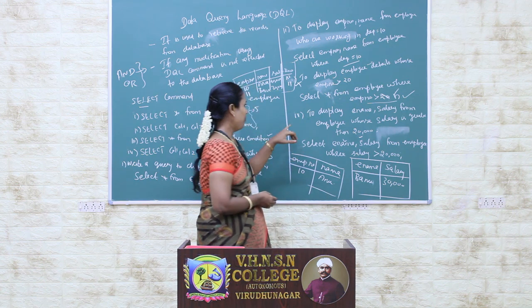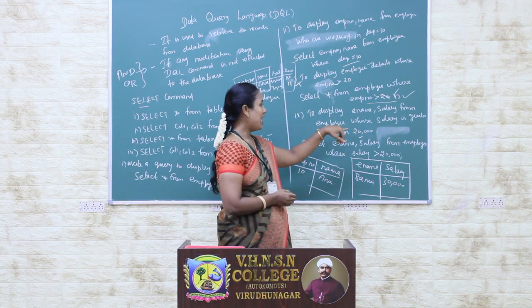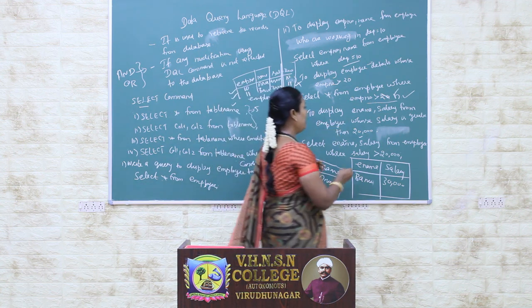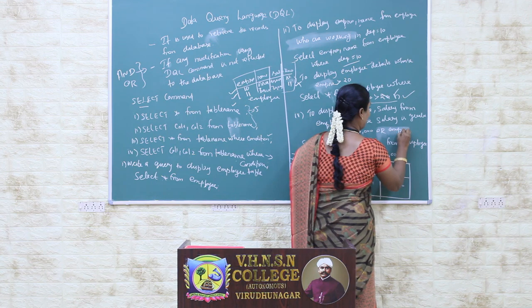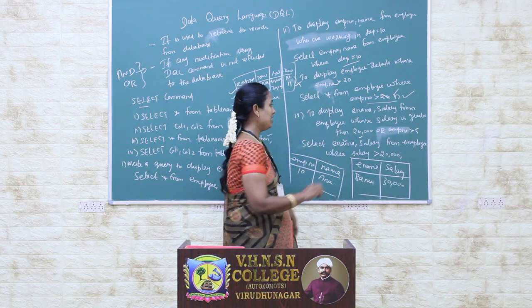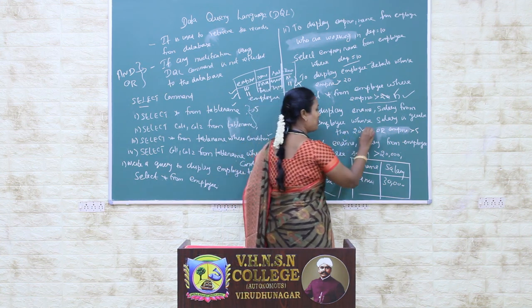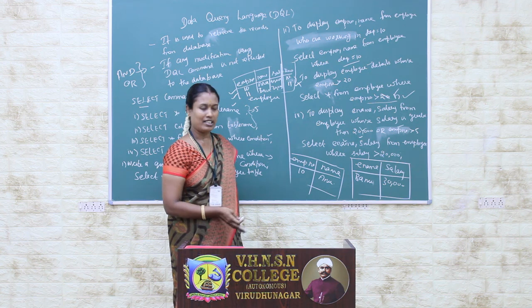Okay. Here I can change the fourth query to display employee name, salary from employee whose salary is greater than 20,000 or EMP number is greater than 5. So this query evaluates these two conditions. If any one condition is satisfied, that record is moved to the resultant query.